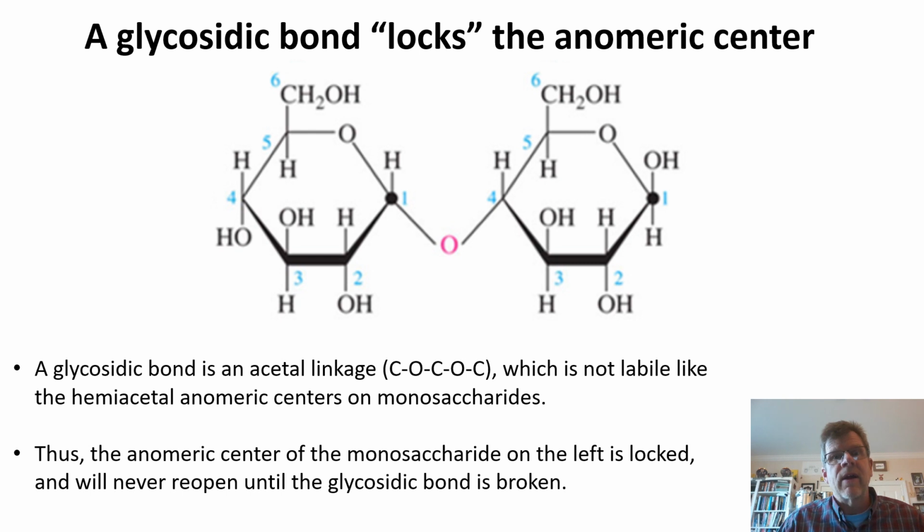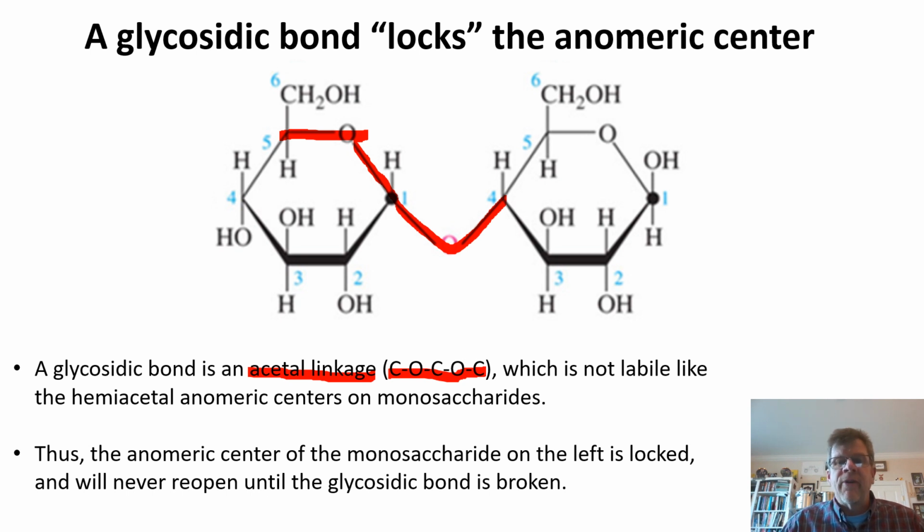But when we have a glycosidic bond, we end up with a full acetal linkage, which is C-O-C-O-C. If you'll remember, full acetals and full ketals had that diagnostic linkage. In fact, we can trace this out: carbon, oxygen, carbon, oxygen, carbon.